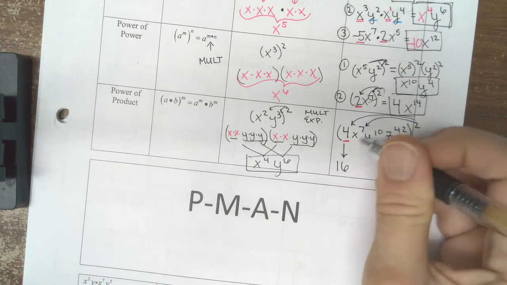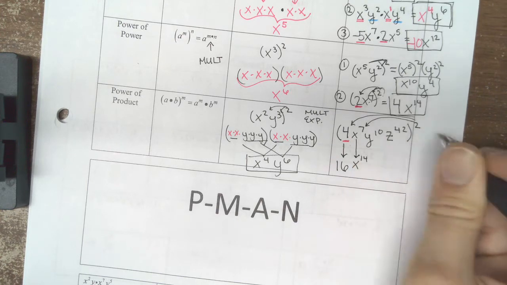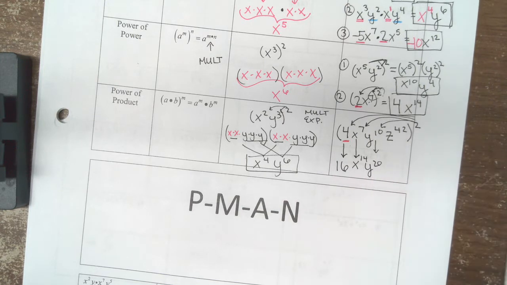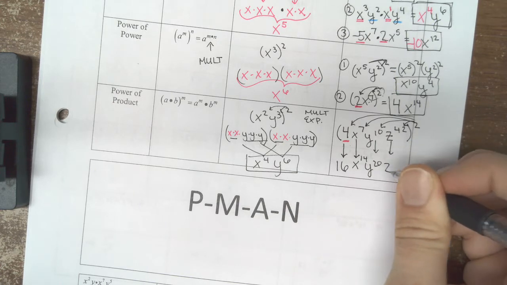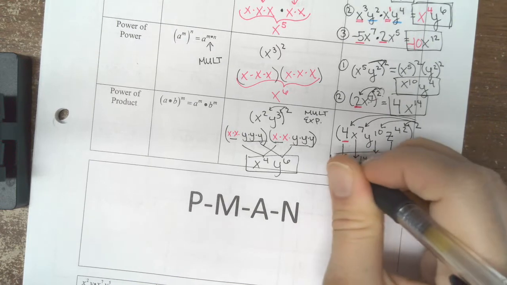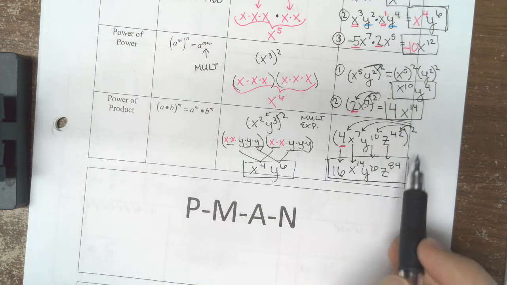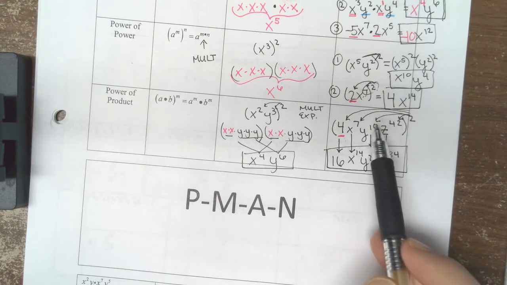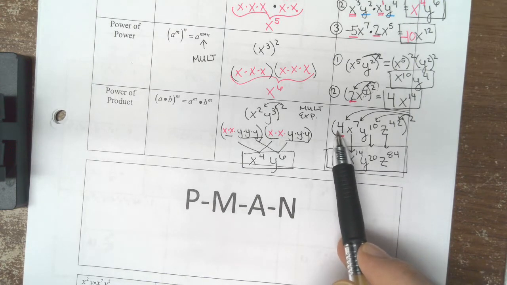Then I need to make sure that x to the 7th gets squared, which multiplying gives me x to the 14th. That y to the 10th gets squared, multiplying exponents gives me y to the 20th. That z to the 42nd gets squared, multiplying exponents gives me z to the 84th. Okay, so there's my simplified expression, almost like distributing that exponent through and making sure that each power gets multiplied and each integer gets treated the way we've always treated it.